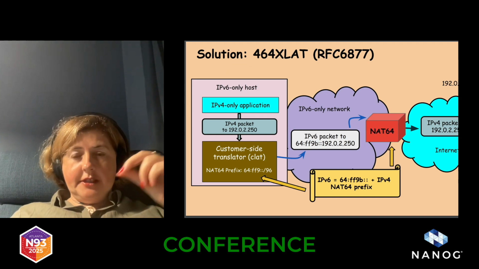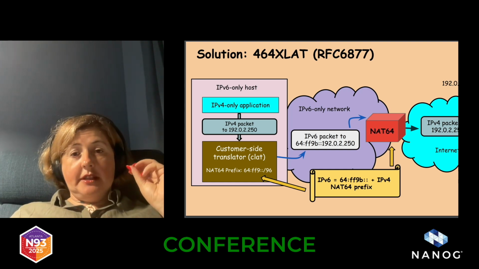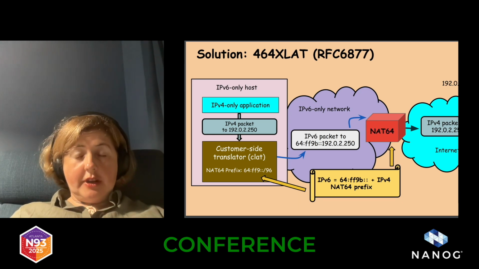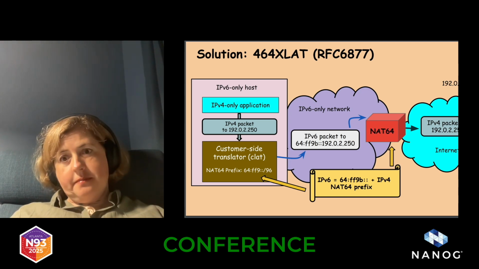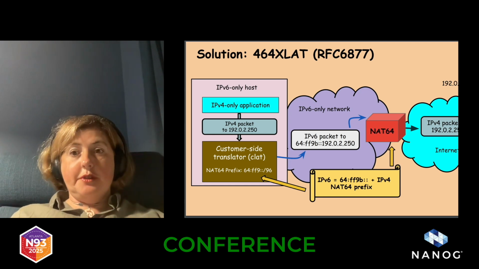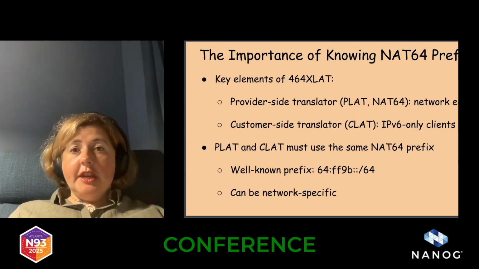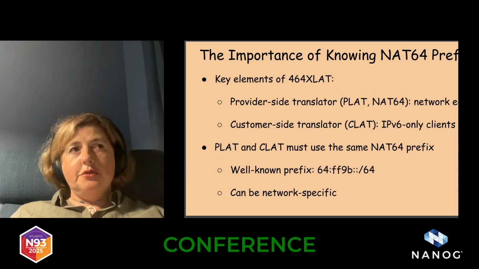Again, and this is why I'm here, that CLAT, the customer-side translator, must use the same prefix for translating v4 to v6 as your NAT64 translator, which translates v6 back to v4, right, because obviously they need to work together.